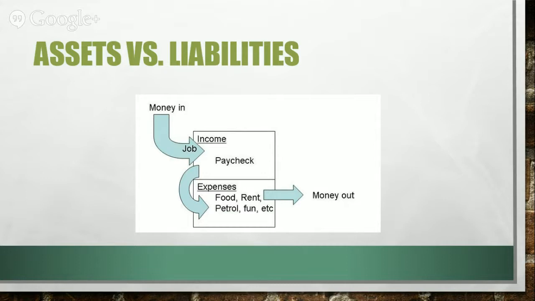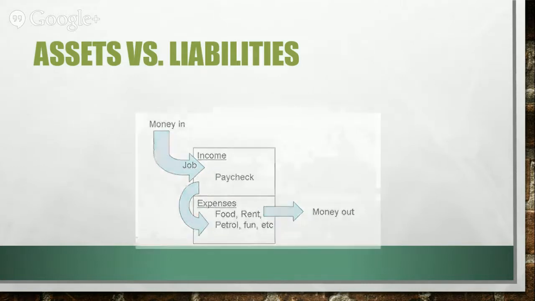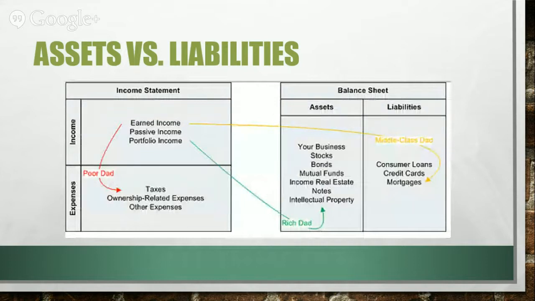So income is just the money that's coming in, which for most of us is our paycheck. And expenses is just money that's coming out. Food, rent, gas, having fun, car payment, whatever. Those are all expenses. So again, money coming in is your paycheck. Expenses is just the money that's coming out. This is just a very basic, personal income statement. Kind of self-explanatory there.